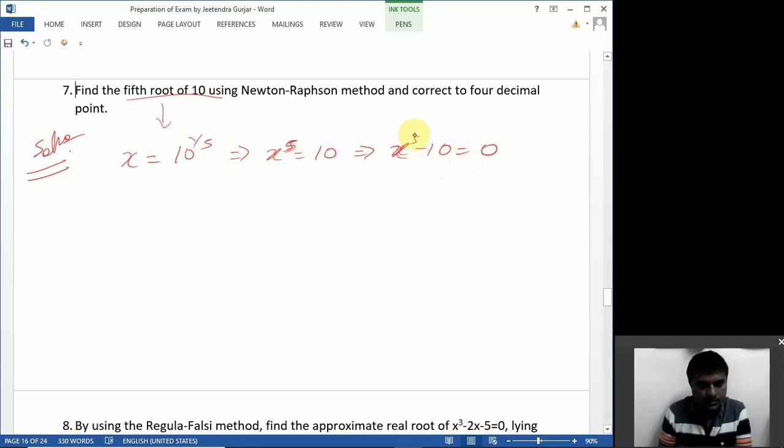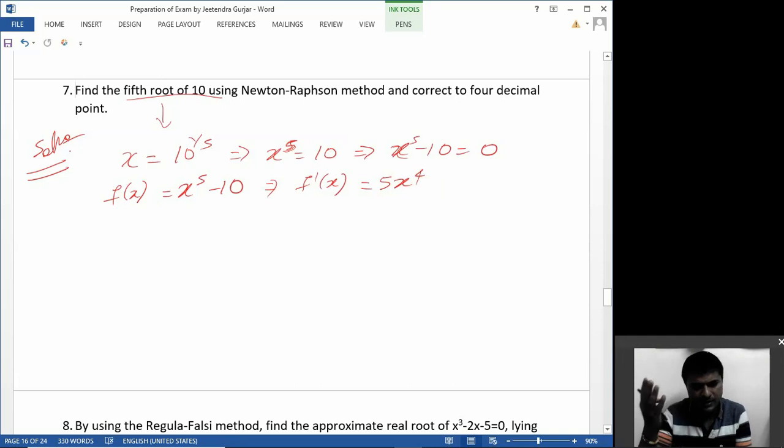So Newton-Raphson's method says that whenever you get this equation, please keep it as f of x is equal to x raised to 5 minus 10. Is it clear? Immediately find the f dash of x. Differentiate this. x raised to 5 differentiation is 5 x raised to 4. 10 is a constant, so I will write directly 0. It's not required, but you should know.